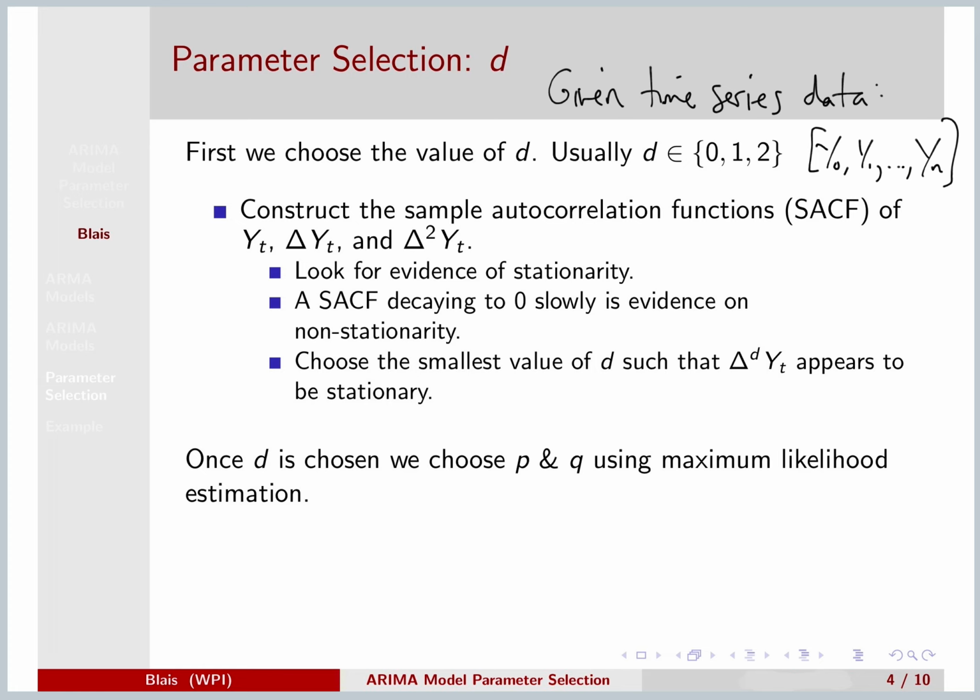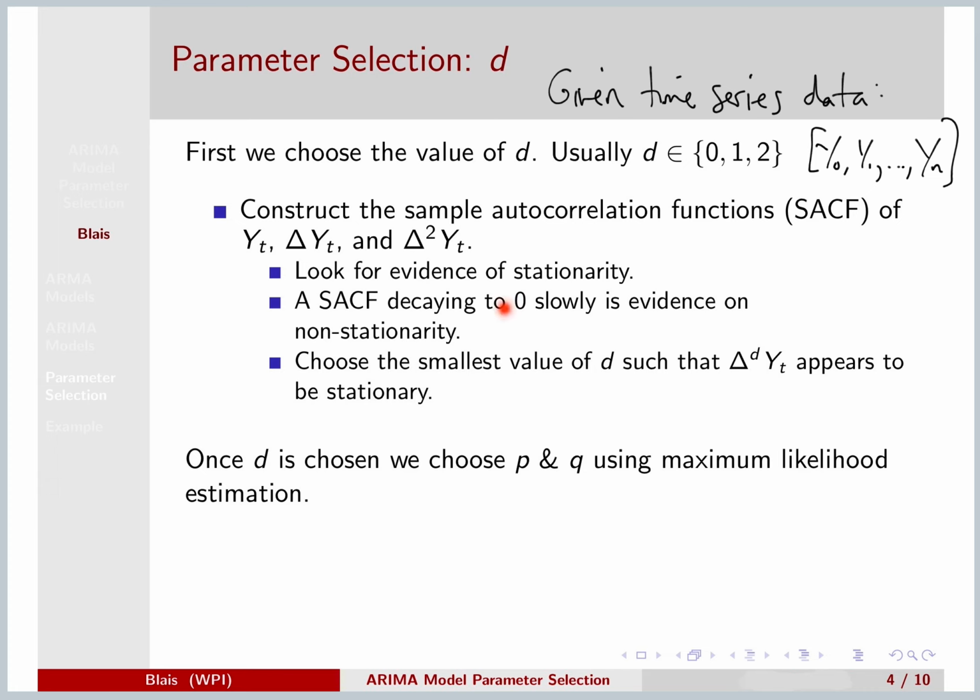And we construct the sample autocorrelation functions for the original time series, if necessary the first difference, then if necessary the second difference of Y_t. And we look for evidence of stationarity. And if we see our sample autocorrelation function decaying to 0 slowly, this is going to be evidence of non-stationarity. So we look for a sample autocorrelation function that decays to 0 fairly quickly.